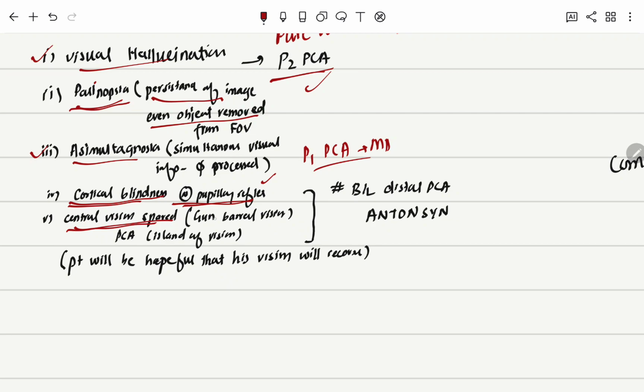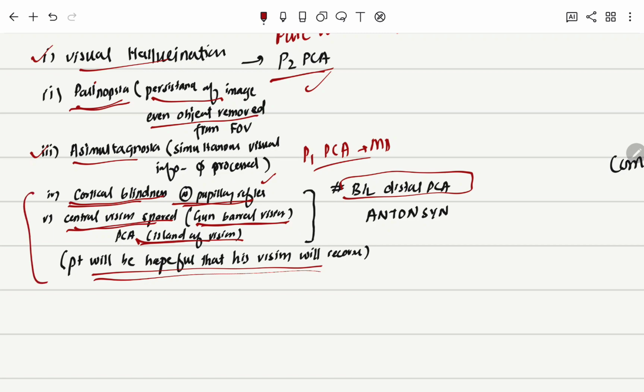So the patient is going to have gun barrel vision, like looking through a gun barrel. The patient may be hopeful, with some islands of vision that are okay, and hopeful that his vision will recover. Basically, when the bilateral distal posterior cerebral artery is blocked, we have these features: cortical blindness, with central vision spared and some islands of vision preserved, like seeing through a gun barrel.